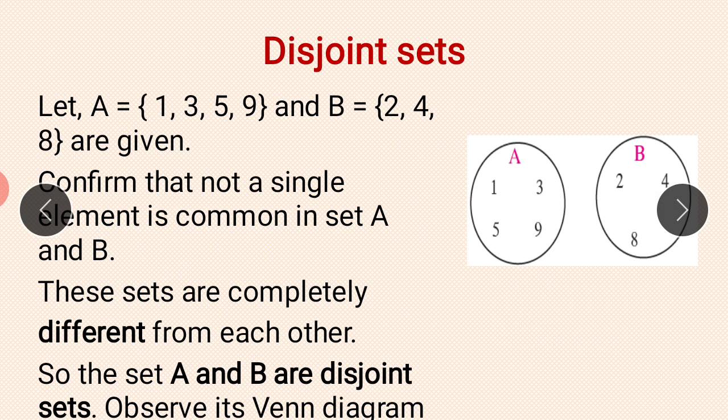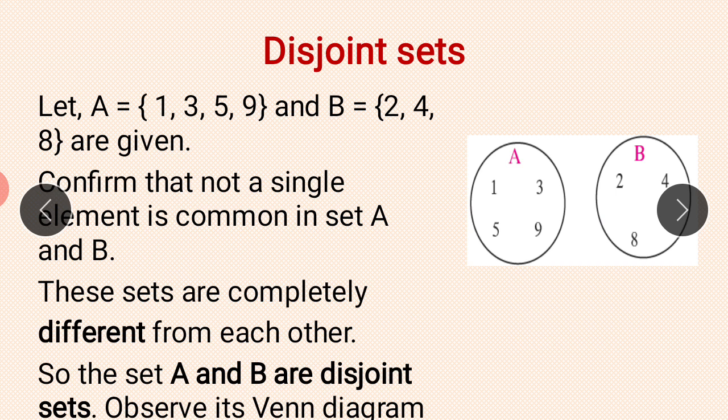Okay. See the next one. Disjoint set. Let A is equal to curly bracket 1, 3, 5, 9 curly bracket complete. B is equal to curly bracket 2, 4, 8 are given.